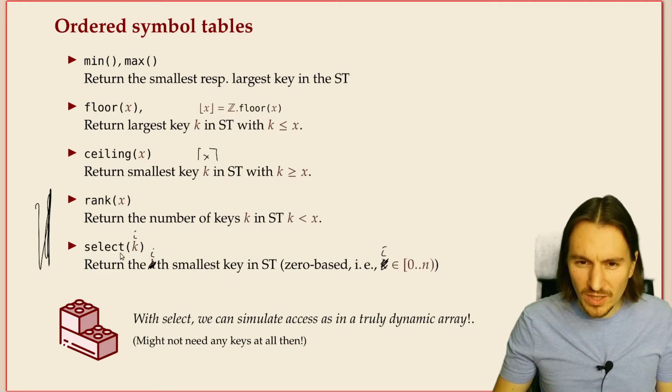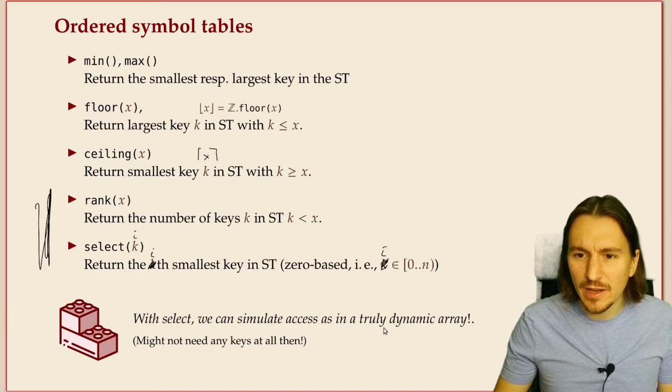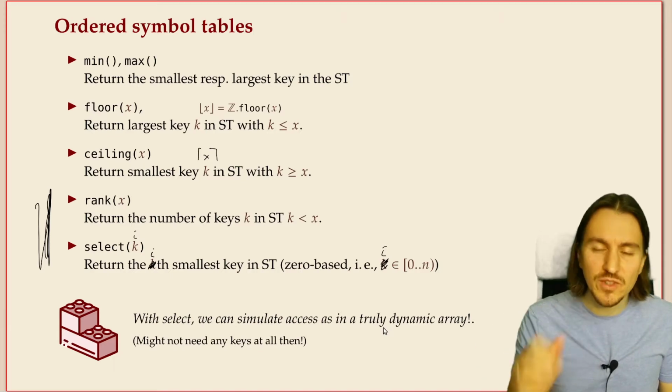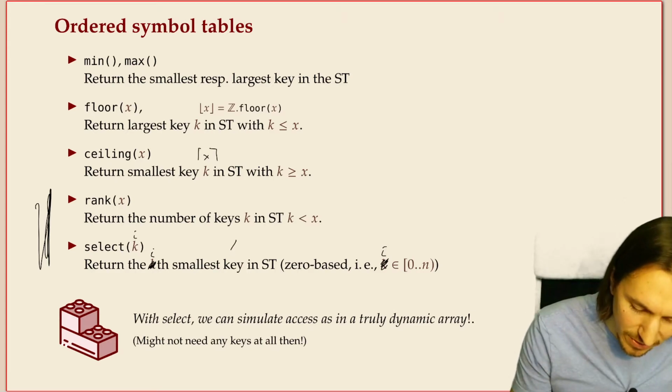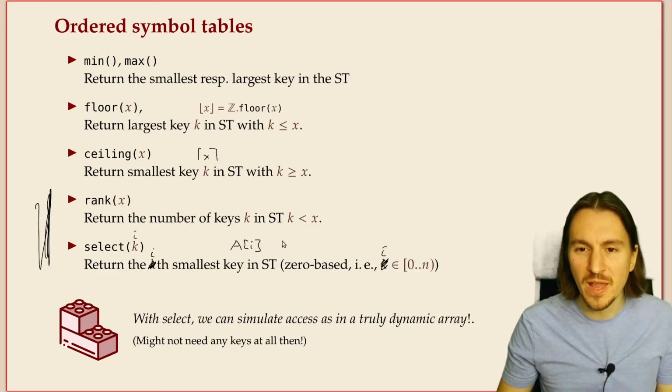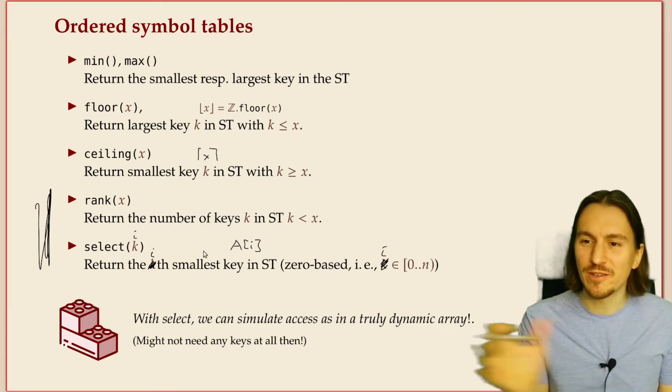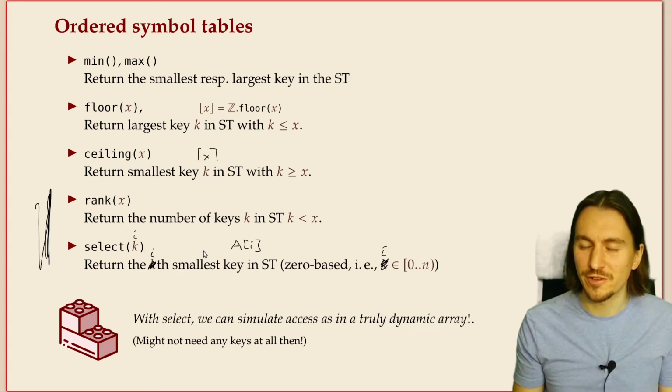And think about select really like an index into an array. Select is the very same thing as saying A of i. I want the ith position in an array. You can use select to get the ith entry in a binary search tree in its left to right order.